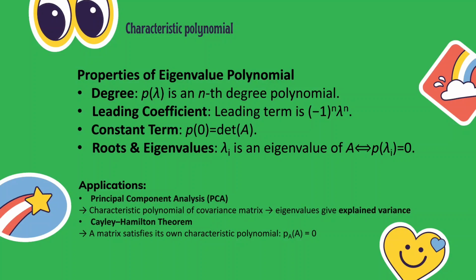Here are some applications, such as principal component analysis, PCA, where the eigenvalues of the covariance matrix's characteristic polynomial give explained variance, and the Cayley-Hamilton theorem: a matrix satisfies its own characteristic polynomial, p(A) equals 0.